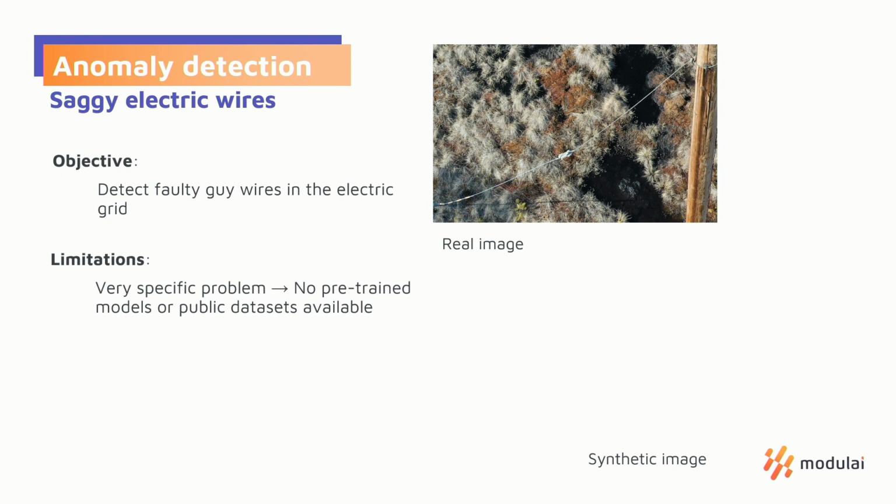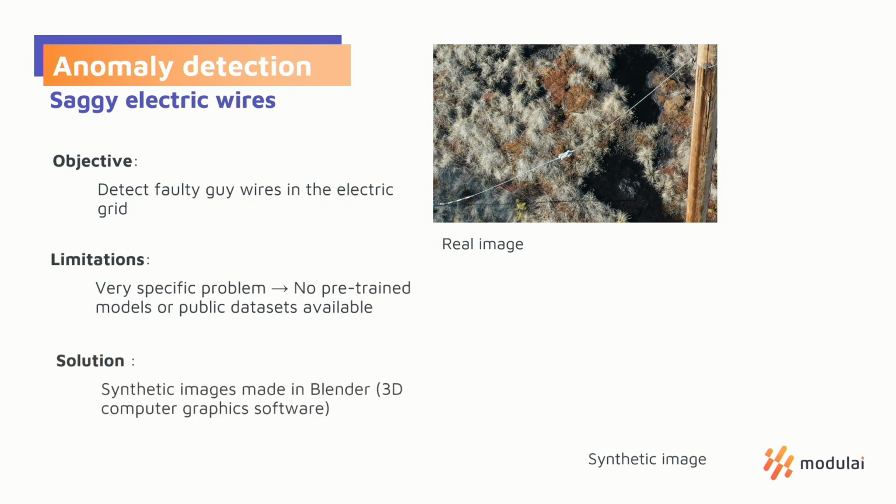As you might think, there weren't available datasets that we could use. This is a very specific problem. There were some available datasets for general grid lines, but not for this specific cable that we wanted to identify.